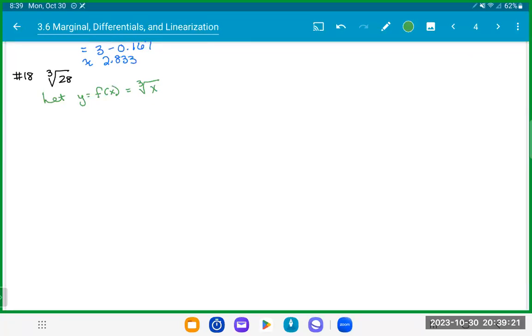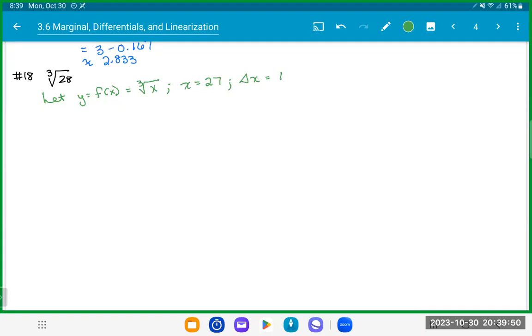So let's go down. If I go minus 1, if I look at 27, that is a perfect cube. That's 3 times 3 is 9, times 3 is 27. Okay, so let's let x equal 27. And so my delta x is equal to 1. The difference between those two is 1.